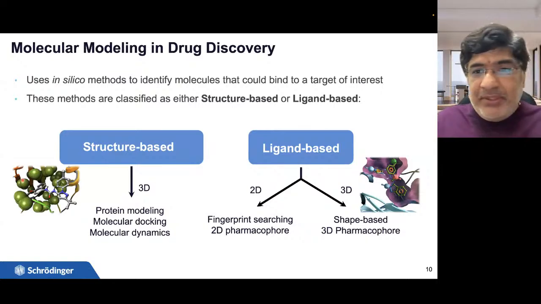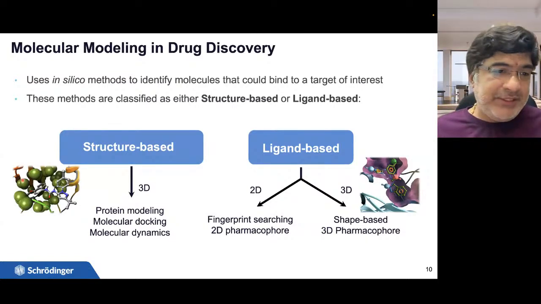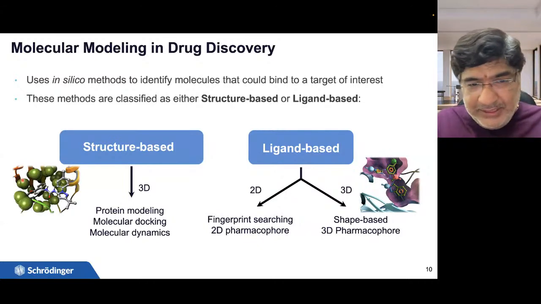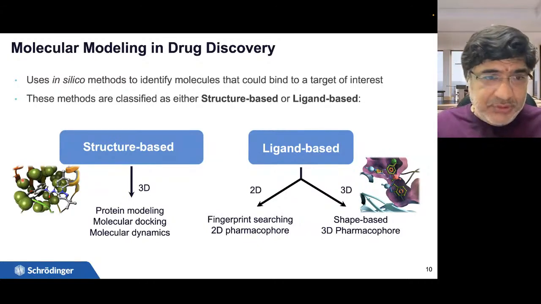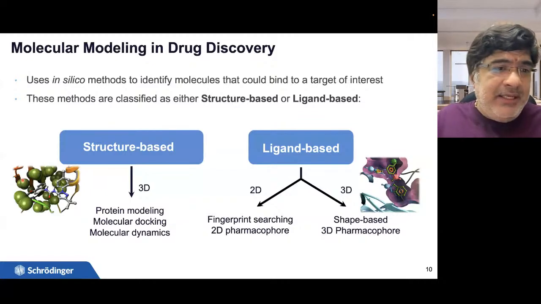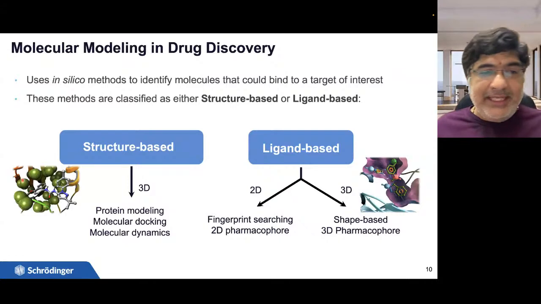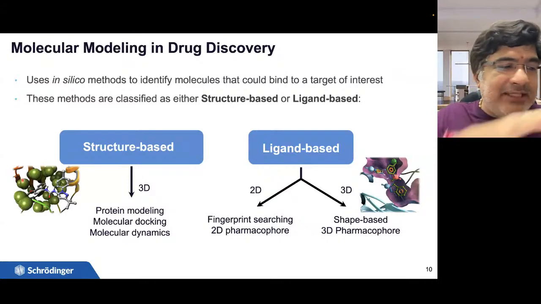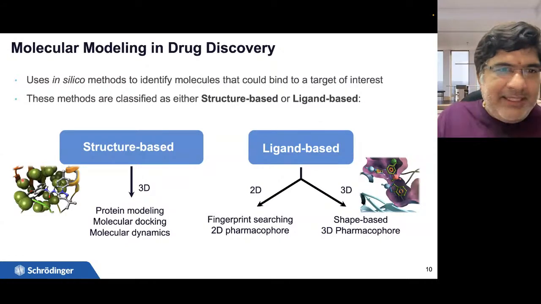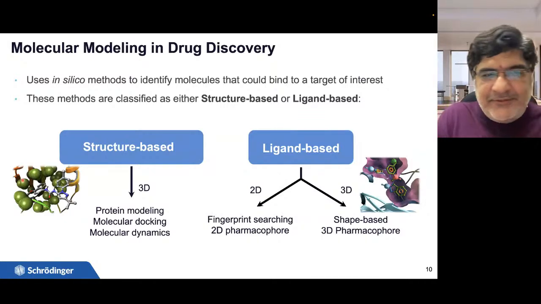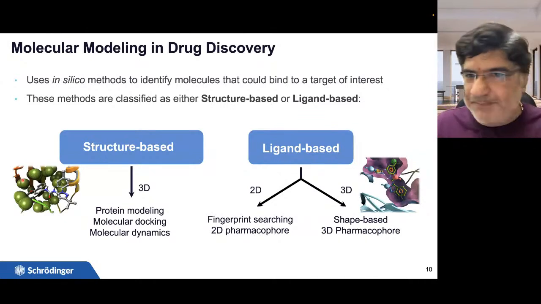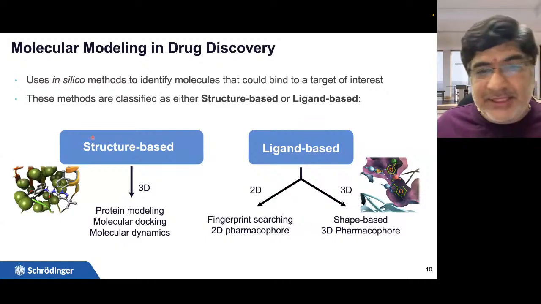Now there would be different types of amino acid residue. There could be polar residue, there could be charged residue. So if our molecule has to bind, it has to complement the amino acid residues present in the binding site, right? So you analyze the binding site, and based on that, complementing the binding site of the protein, you come up with the design of molecule. So that is called as structure-based drug discovery.